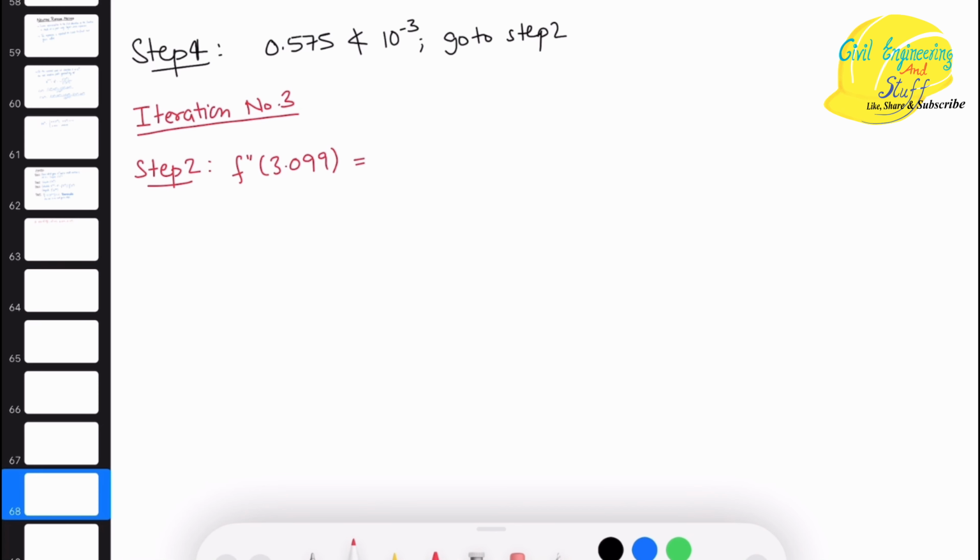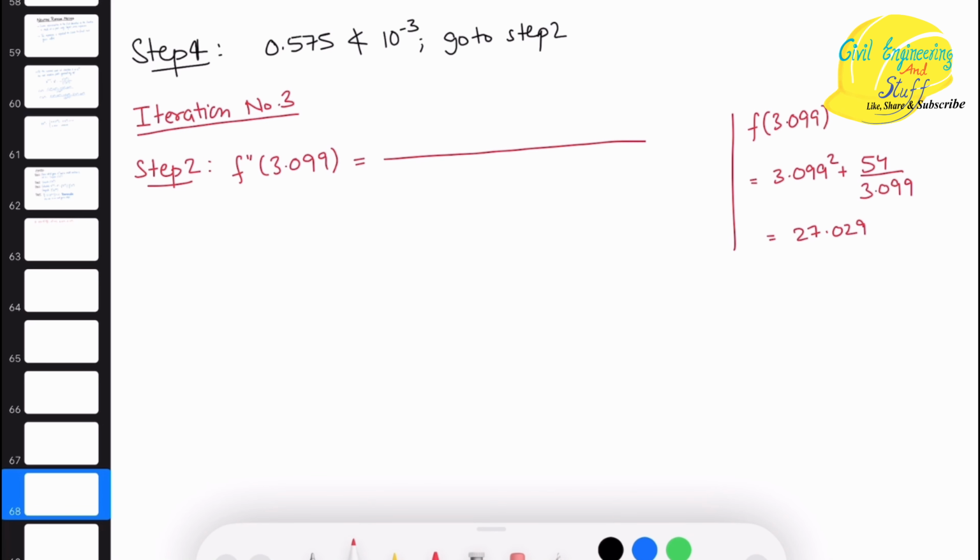Okay, so for that, first of all, you need to find out f of 3.099. So just putting the values, 3.099 whole square plus 54 divided by 3.099, the value will be 27.029.